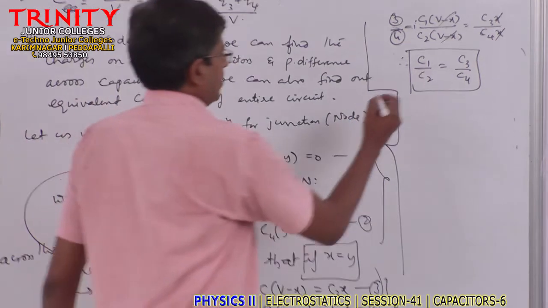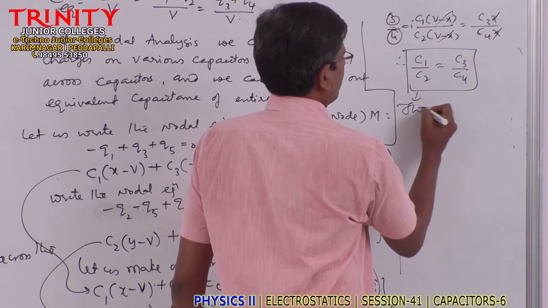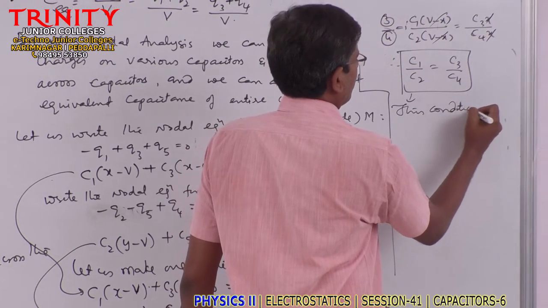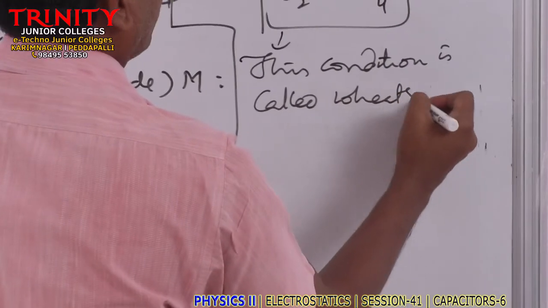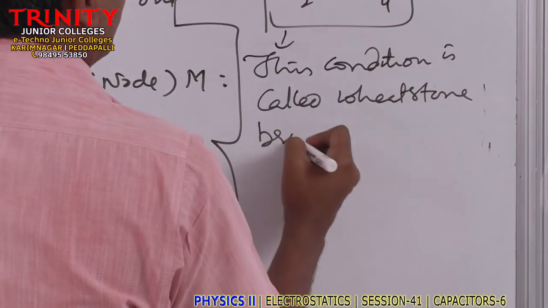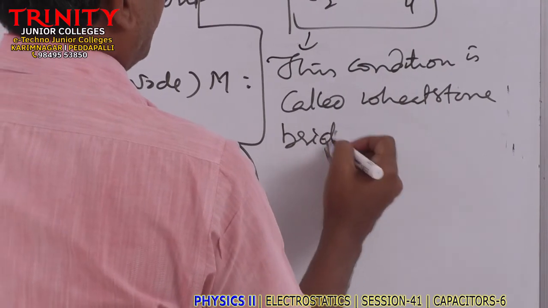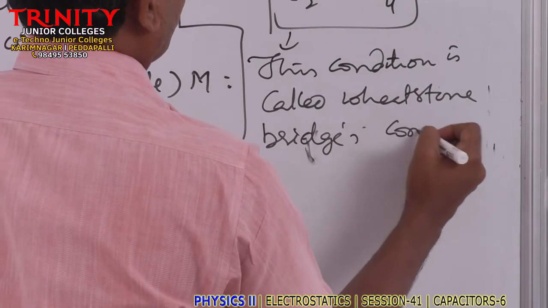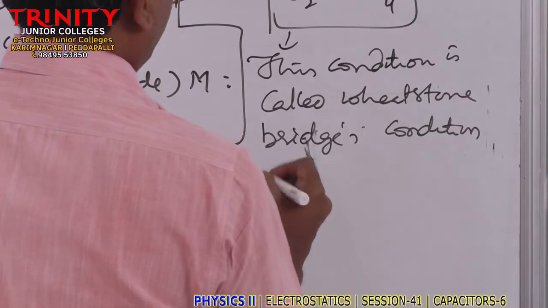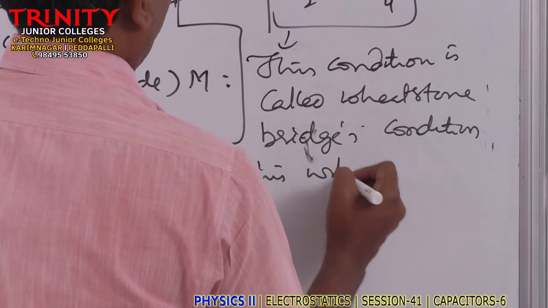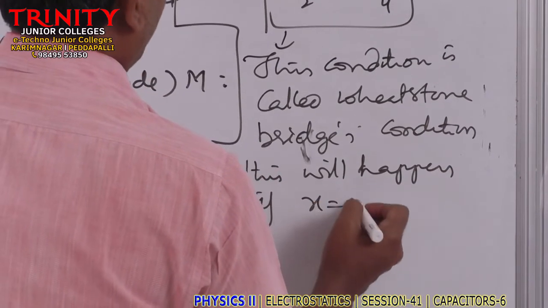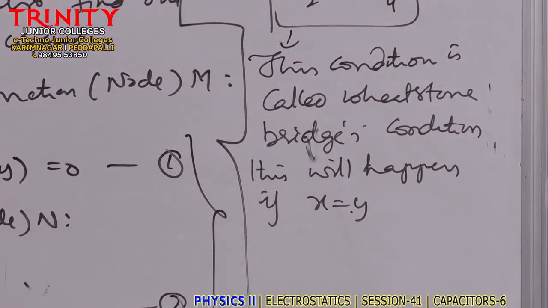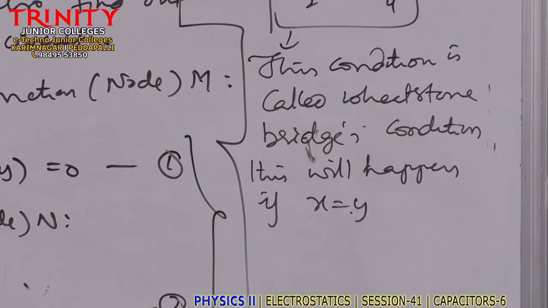This condition is called Wheatstone bridge condition. And this will happen only if X equal to Y. That is very important to remember. Under that condition only you can write this equation, and reverse is also true.